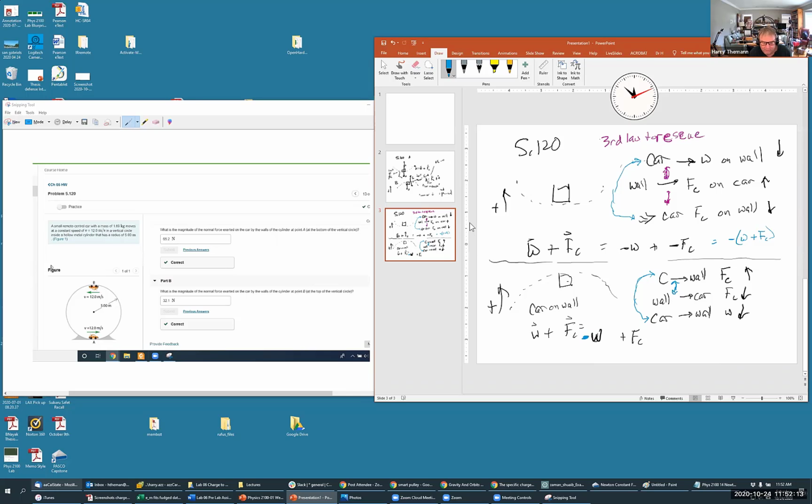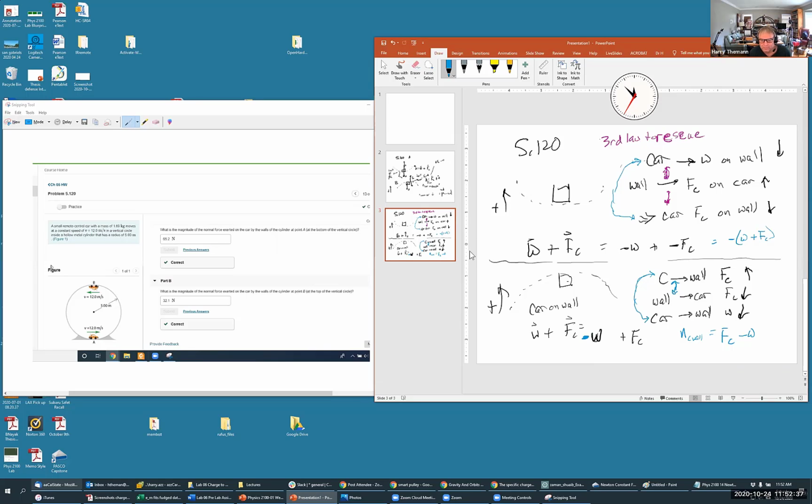So now the normal force of the car on the wall is equal to F centripetal minus W. So now gravity is saying to the wall, well, you don't have to supply just as much centripetal force anymore.